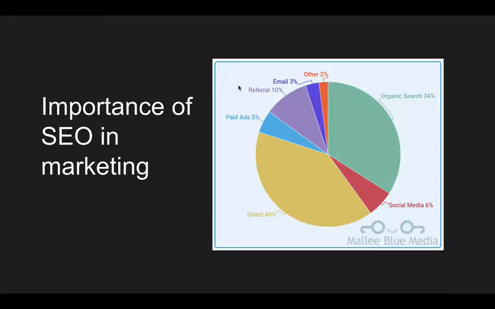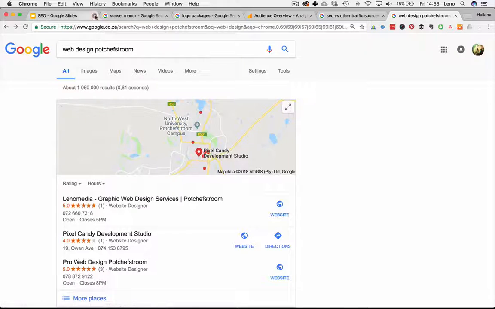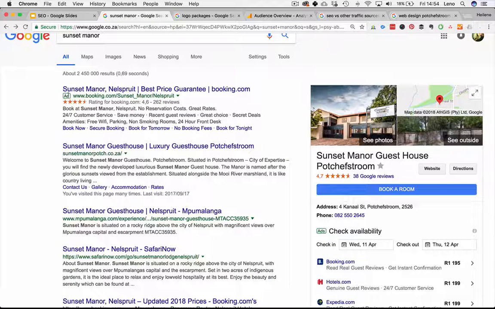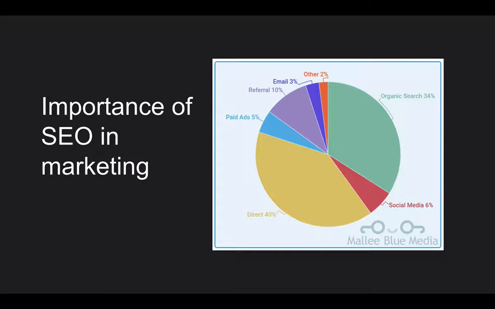So here you can see direct traffic, organic search, social media, email, referrals, and paid ads. So when you talk about paid ads, you're looking at something like this. These little ads only draw 5% of traffic to websites. The biggest one is direct and organic search. These go hand in hand, and this is what we are promoting within an SEO program.